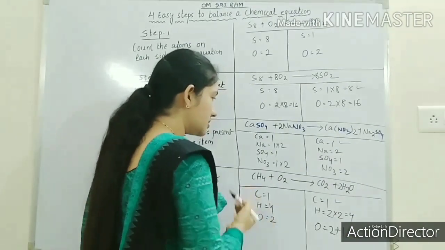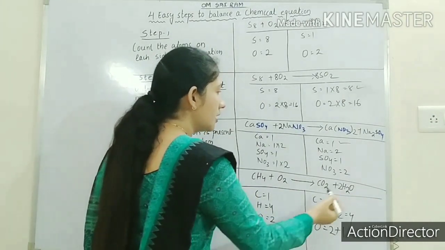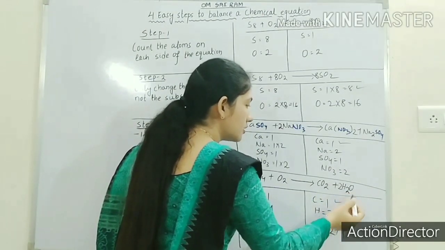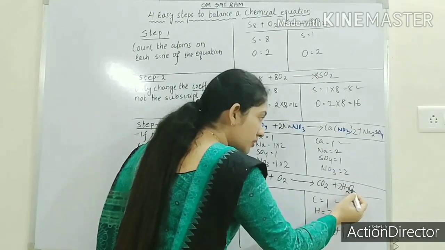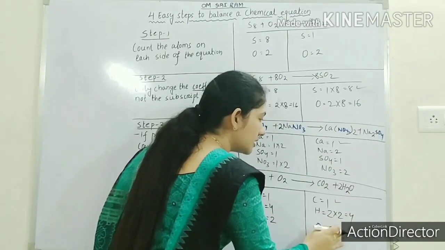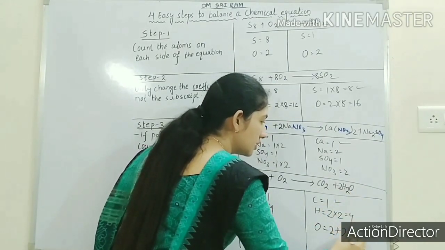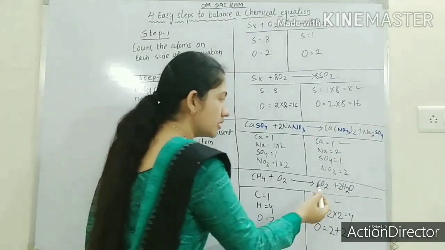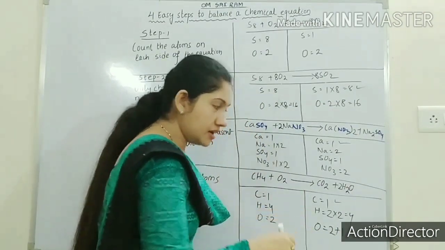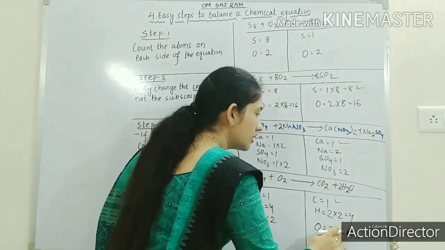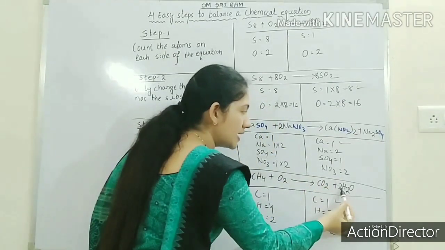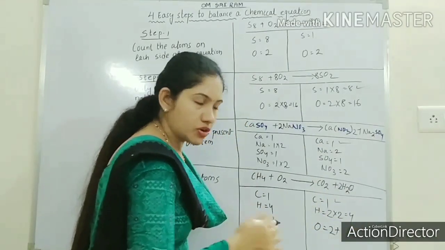Okay. Now oxygen, this side 2 and this side now how many oxygen? Let's check. Here we have added 2, means we can write here how many oxygen? 2. Got it? Or we can simply erase that and after adding these 2 we can rewrite the number of oxygen.